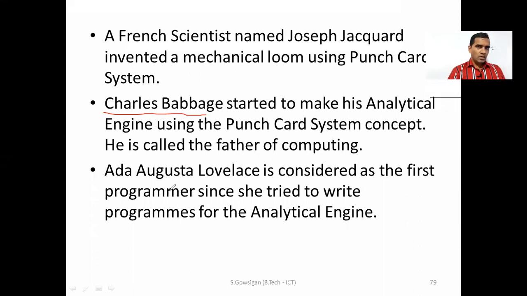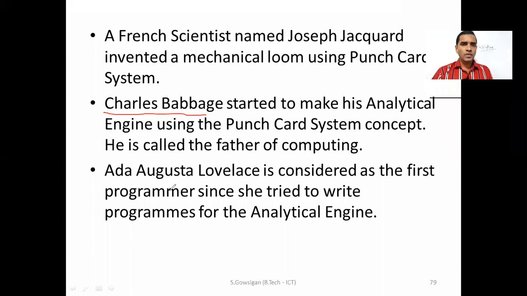The next milestone would be this lady. There was a lady called Ada Augusta Lovelace. Look here, Charles Babbage invented the machines, analytical engine as well as difference engine. But even though he invented them, he needed some programs. He needed some software to carry out the work.